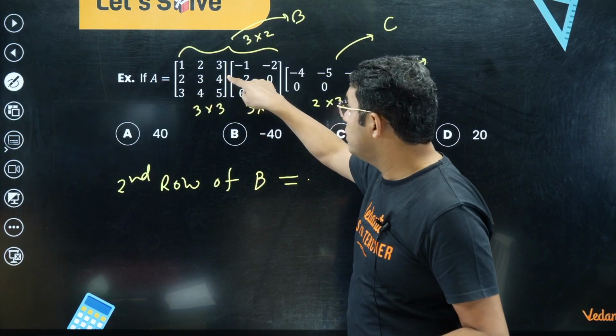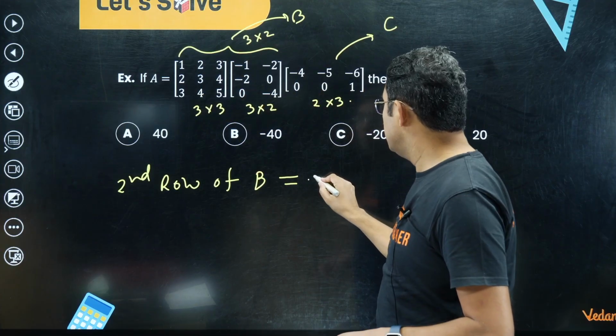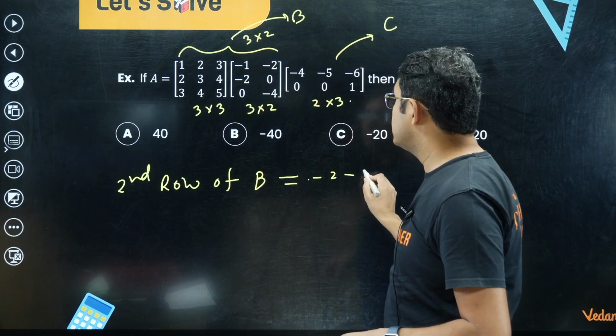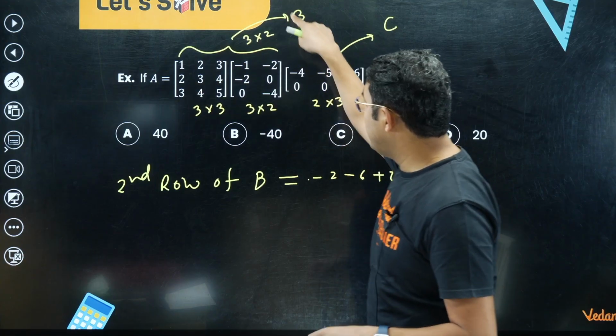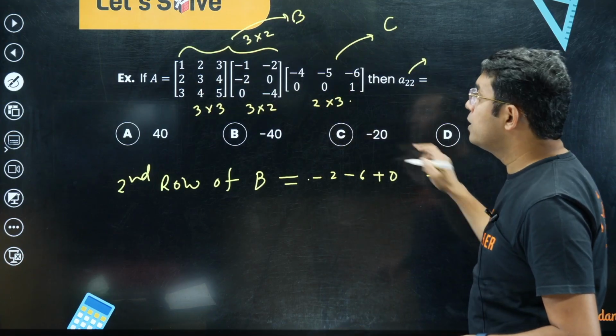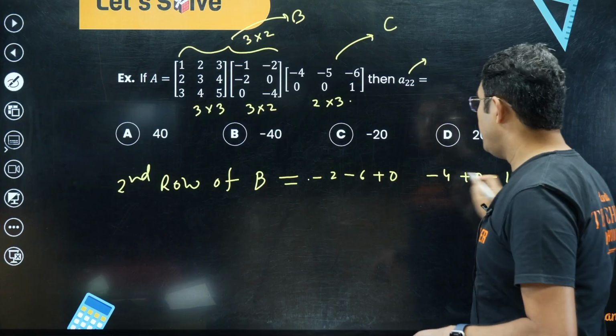So the second row multiplied with this will give you -2 plus -2, I think -6 plus 0, that will be the first element, and when multiplied with the second column, -4 and 0, -16. So that will be my second row.